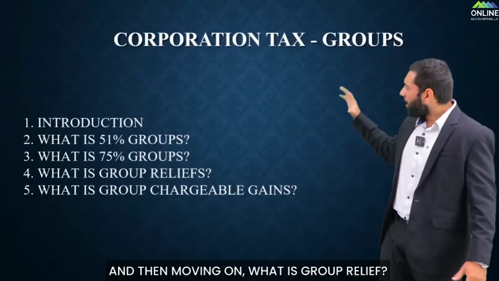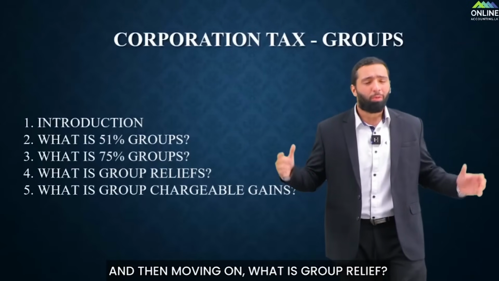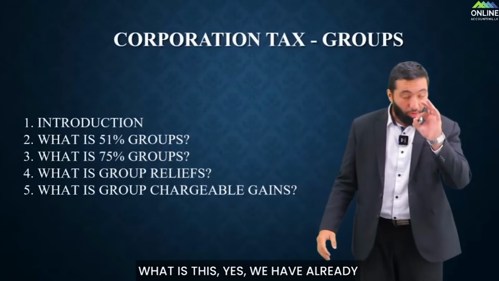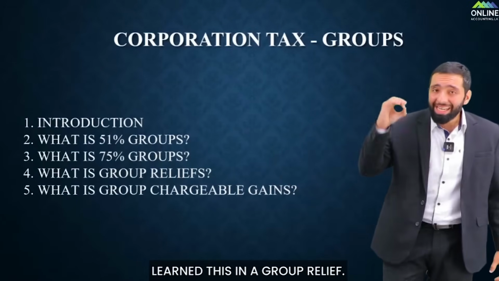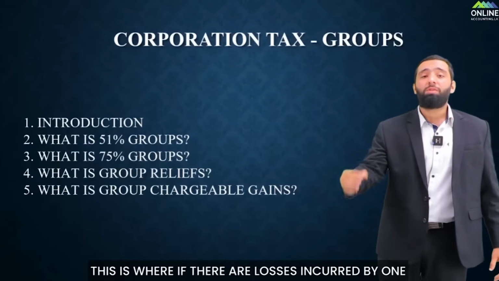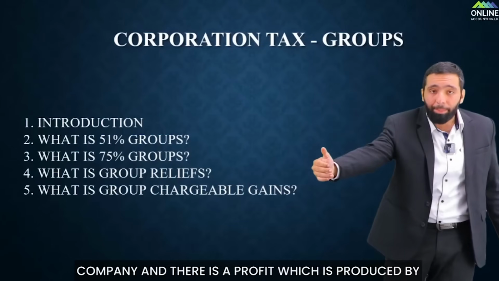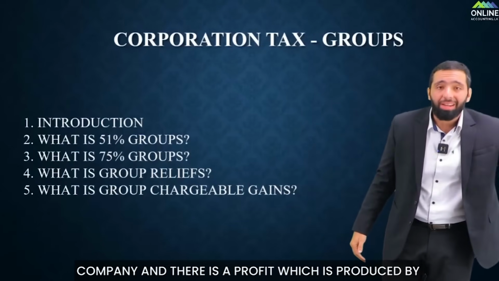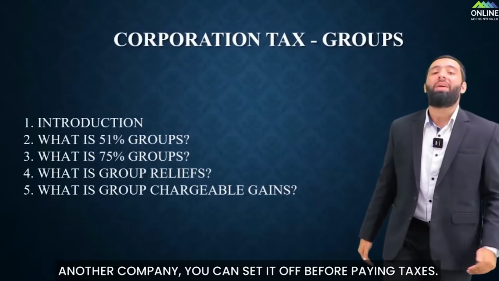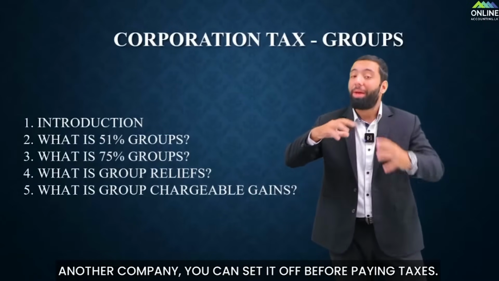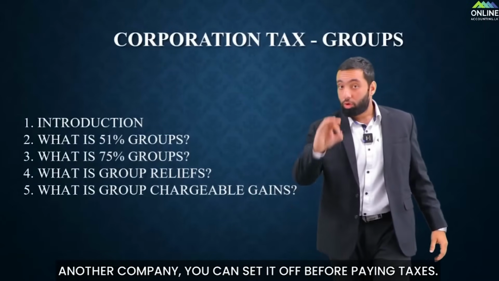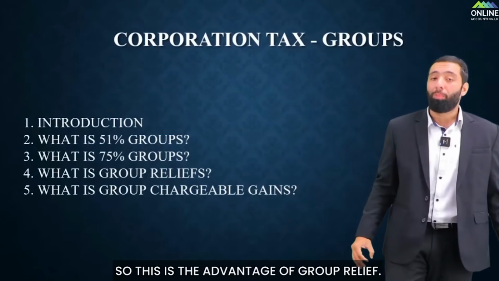And then moving on, what is group relief? Yes, we have already learned this. In a group relief, this is where if there are losses incurred by one company and there is a profit produced by another company, you can set it off before paying taxes. So this is the advantage of group relief.